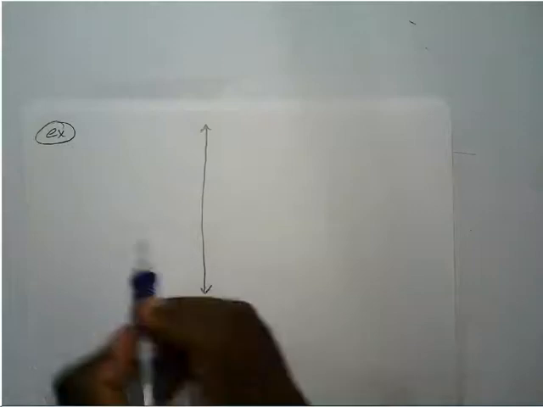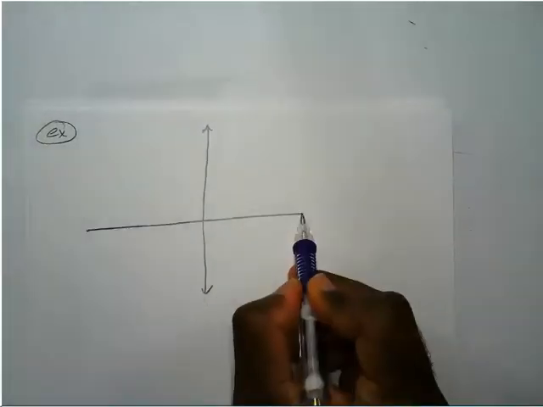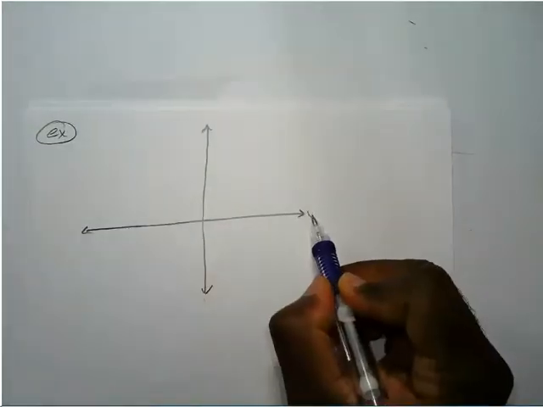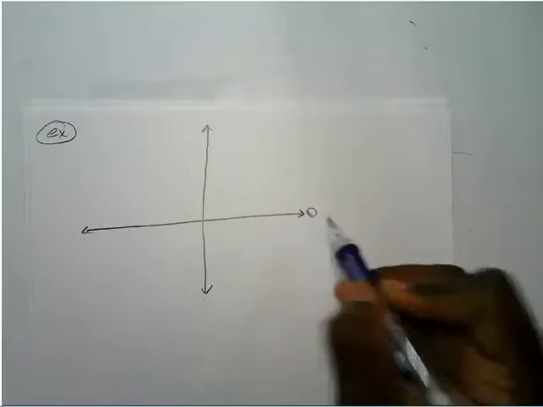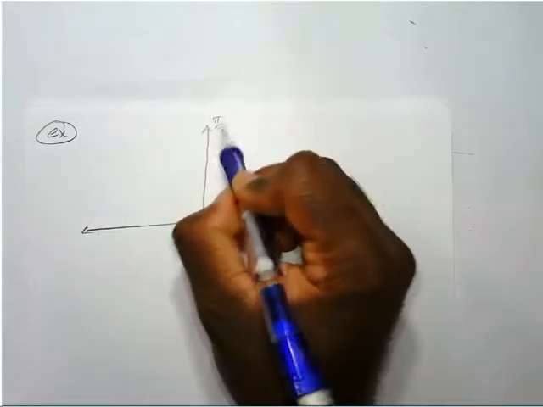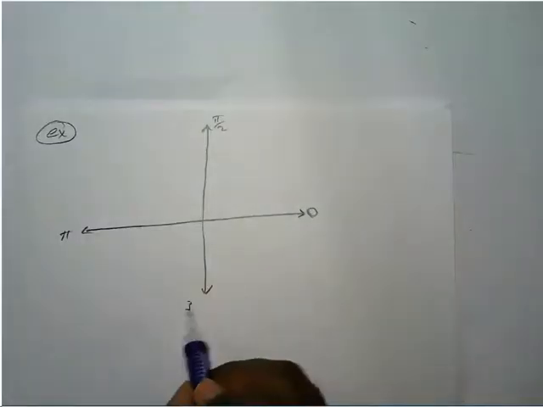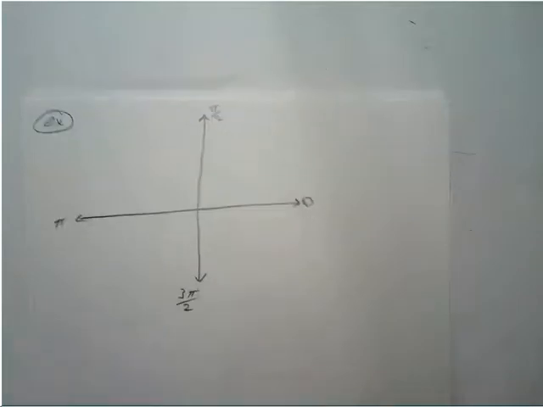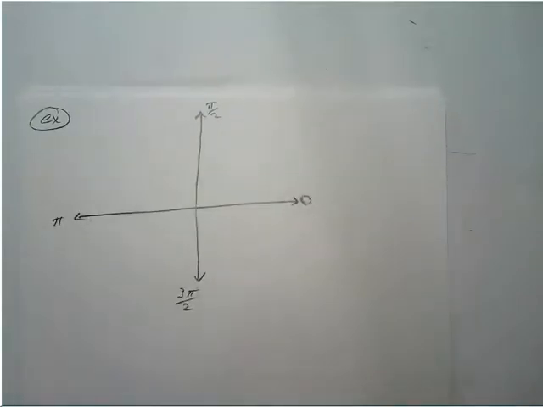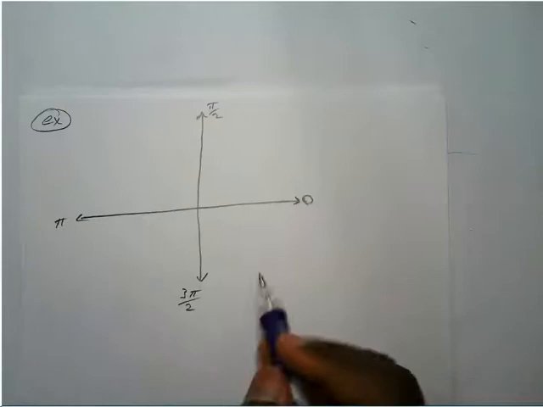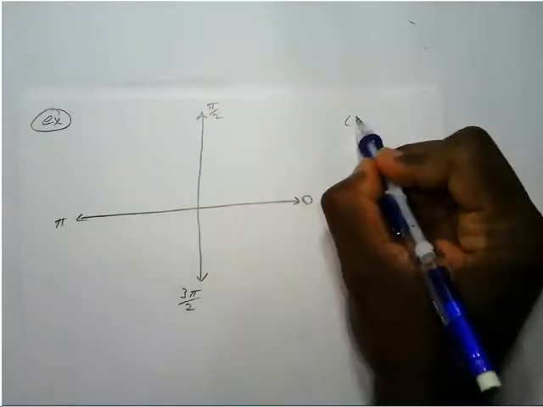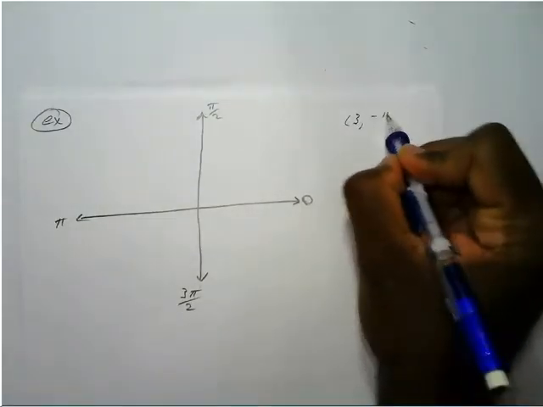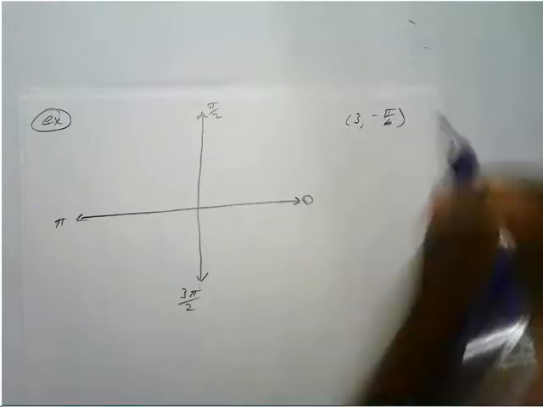Okay, so we have our, I was about to write x and y out of habit. So pi over 2, pi, 3 pi over 2. Okay, so what if we have the point, let's say 3 and negative pi over 6?